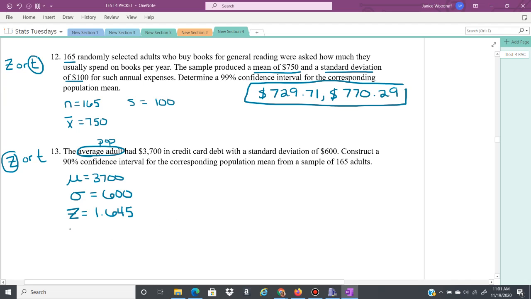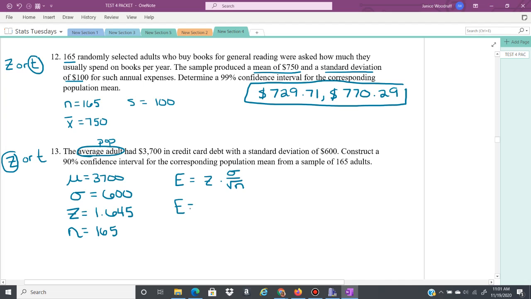And then we have a sample size, 165. Okay, so what we want to do here is first find the margin of error, which will be Z times the population standard deviation over the square root of the sample size.